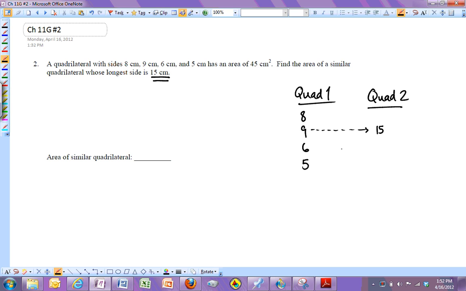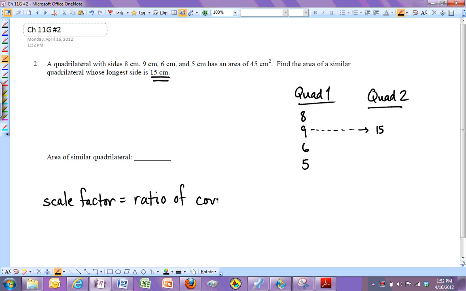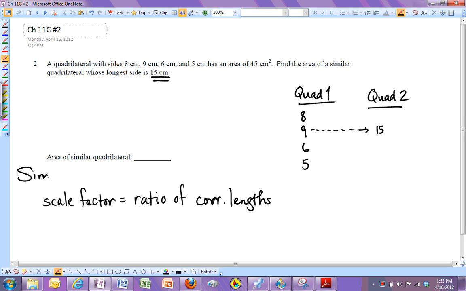Well, remember, if I know that they're similar, I can set up a scale factor. So the scale factor equals, and this is what we learned in class recently, the ratio of corresponding sides, or corresponding lengths, let's say. And this is all for similar figures.